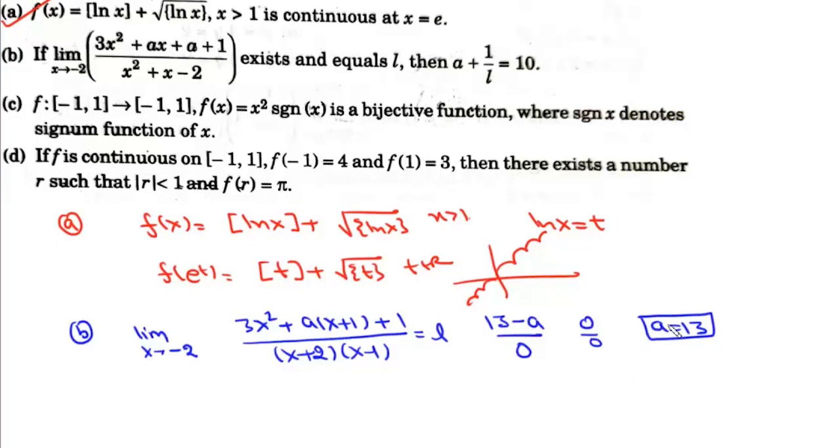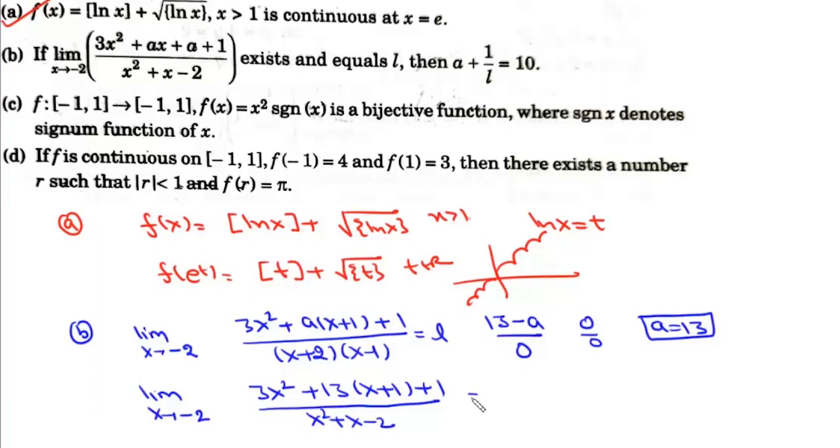Now if we put a as 13, we can write this as limit x tends to minus 2 of (3x square plus 13x plus 1) plus 1, and the denominator, let this be x square plus x minus 2. Now this is 0 upon 0 form. We can use L'Hopital's rule.